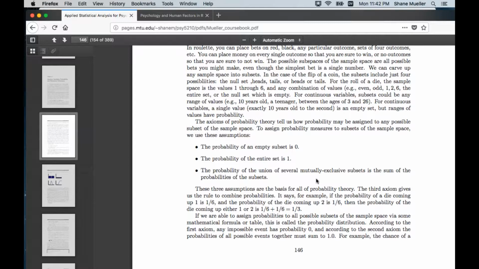Or you could bet on odd, or on four numbers, like 1, 3, 5, and 7. Or you could individually place money on every single number on the table, so you're guaranteed to win, or all but one thing. These are all possible subsets of that sample space.